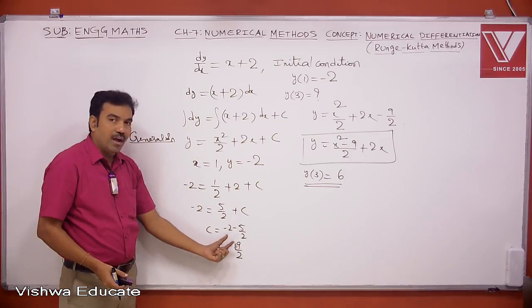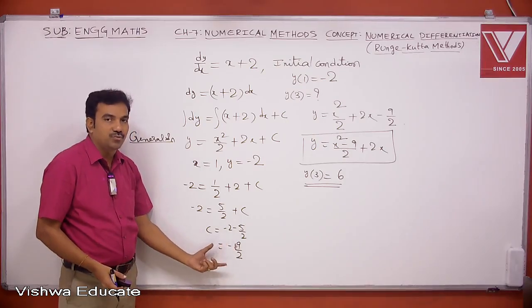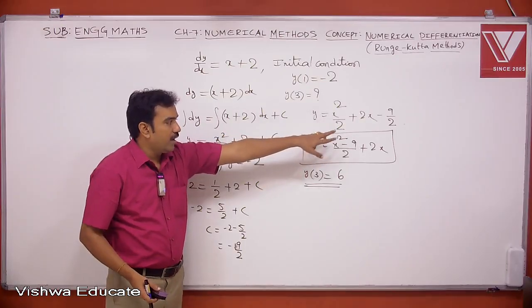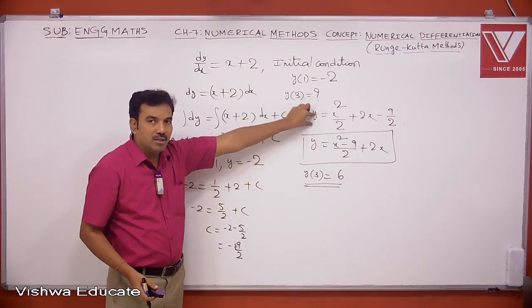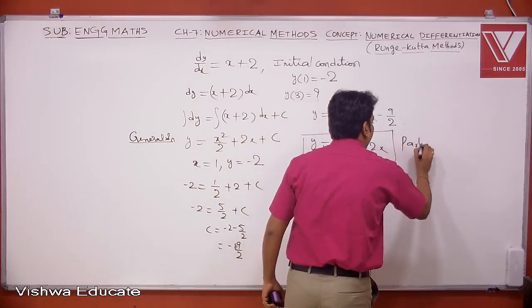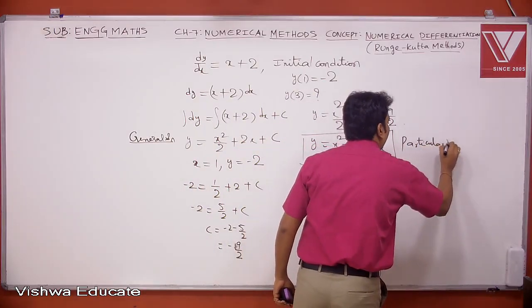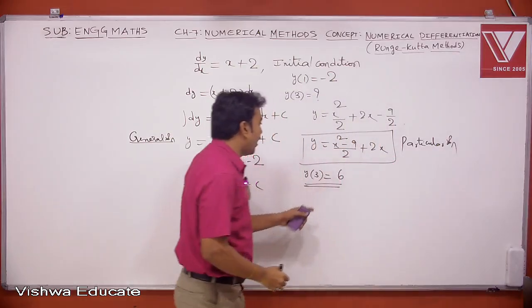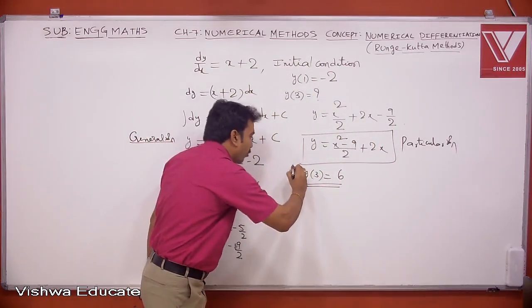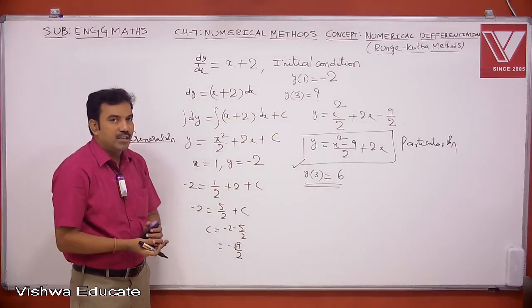I am getting c value equal to minus 9 by 2. Therefore, y becomes x square by 2 plus 2x minus 9 by 2. This is my particular solution. Now we need y of 3, replace x by 3, and the value becomes 6. So this is the approach we follow normally in differential equations.